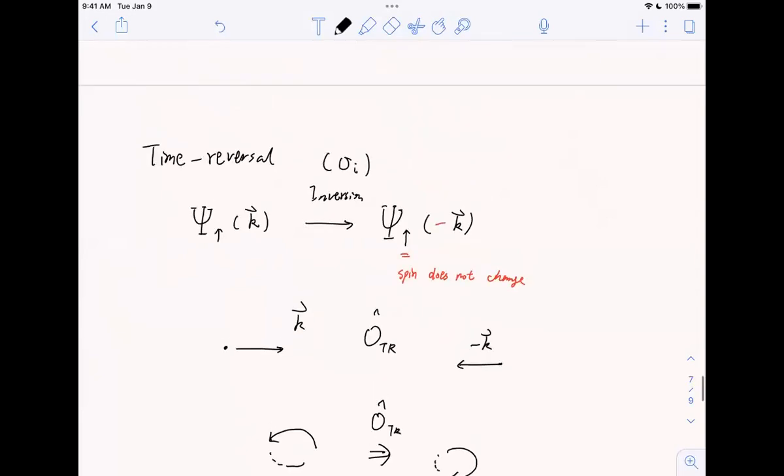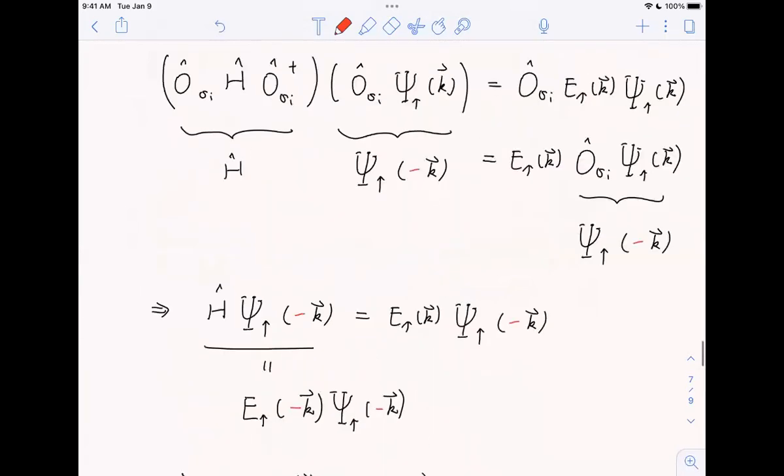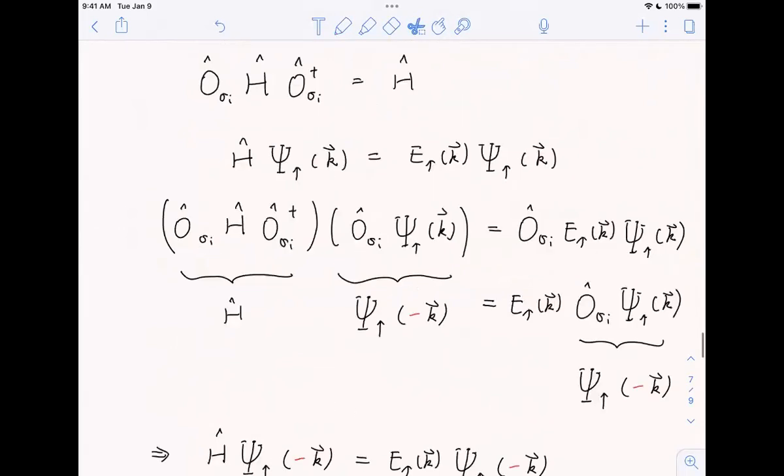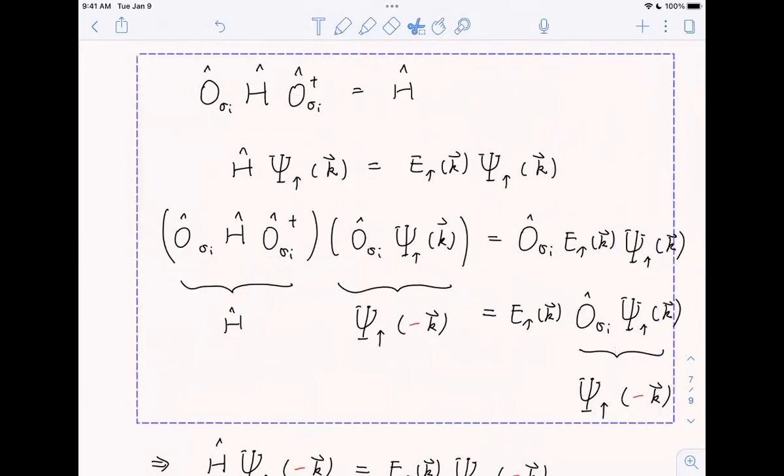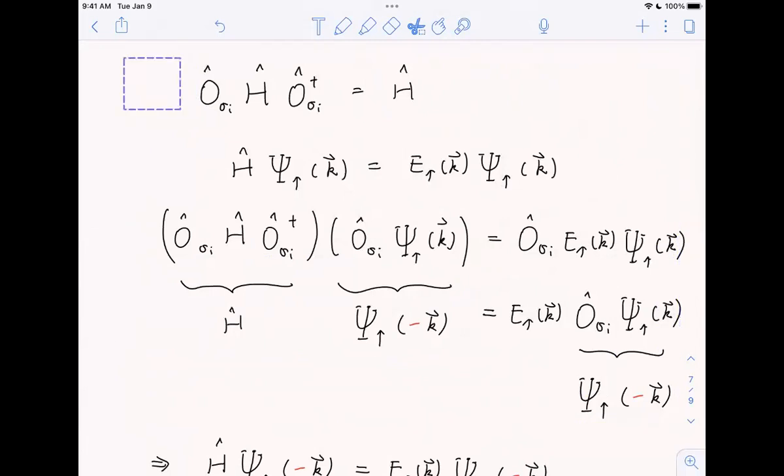Once a system has time reversal symmetry, you just follow exactly the same thing. We just copy this whole thing.